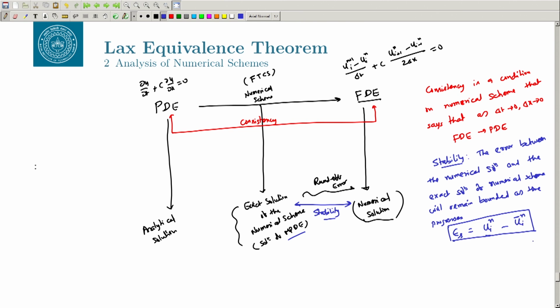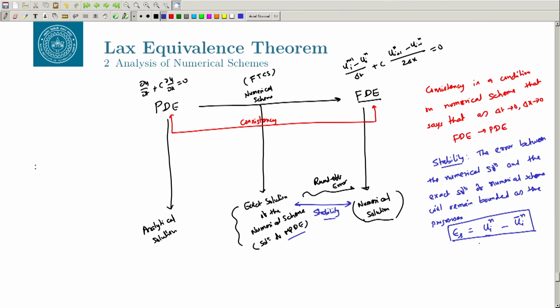So, that means that as you go ahead in time, at any given time the error should not be unbounded, okay. It does not say that the error may not become very large at a given point of time; it may, and that may not be acceptable to you either.